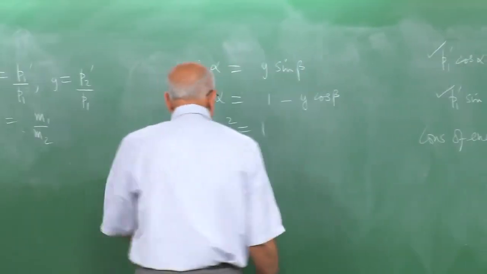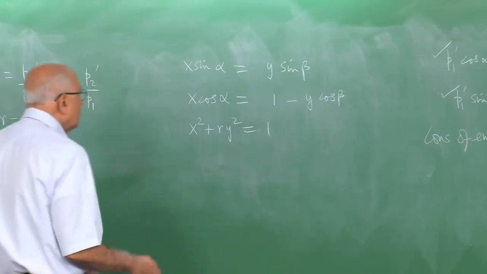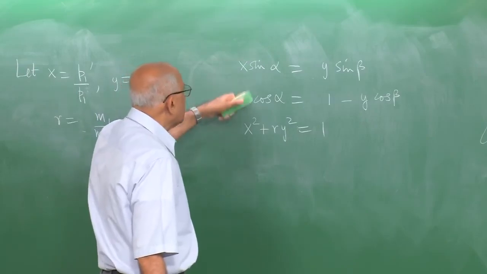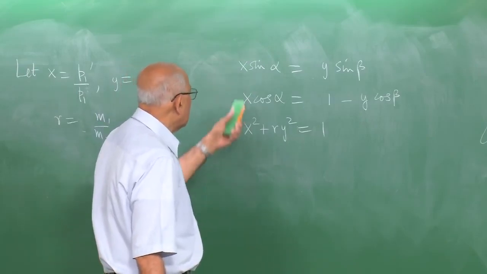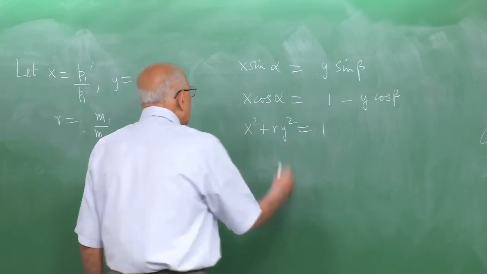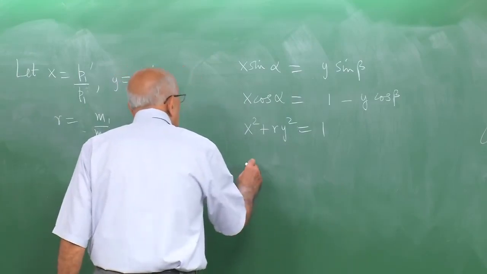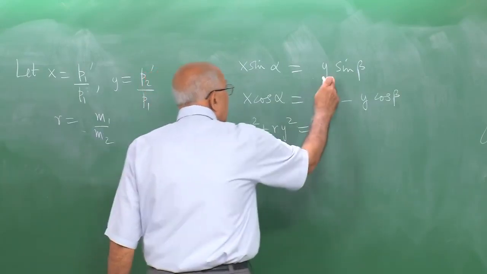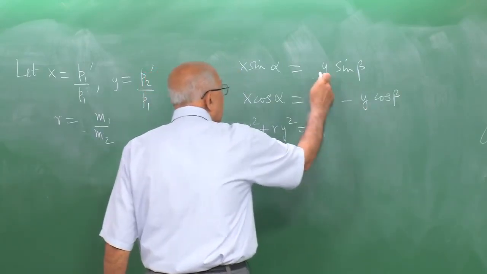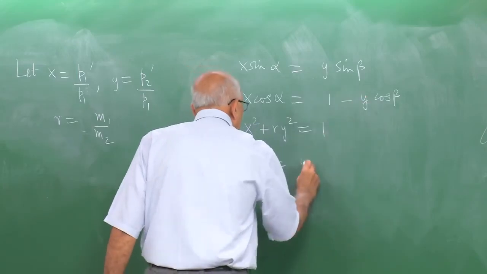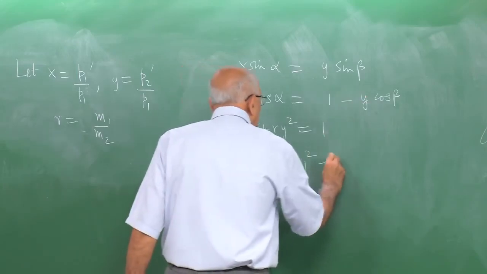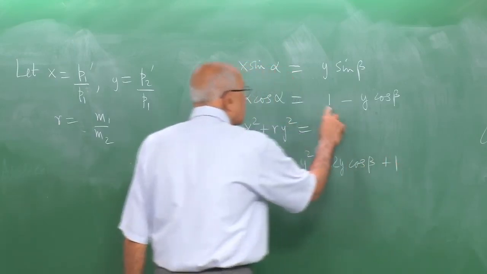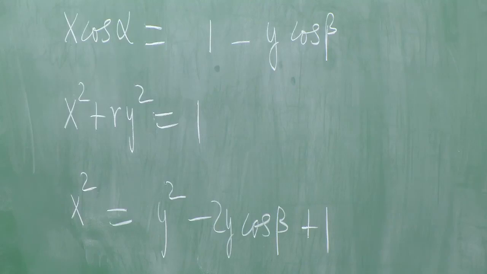Now for the solutions. There are many ways of doing this, but the simplest way is to notice that if I square these two fellows, I immediately get x squared, and on the right hand side I get an equation which will tell you. So let's square these, and x squared is equal to the square of this plus the square of this. The square of this will give me y squared straight away minus 2y cos beta plus 1, which is this term here when I square it.